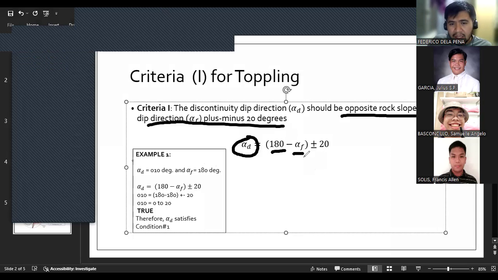This 180 degrees is just a number used to flip the azimuth of any orientation. You can either add or subtract 180, it doesn't matter. It's going to flip the orientation either way. And then you have this tolerance of plus minus 20 degrees, just like in the planar and wedge failures.